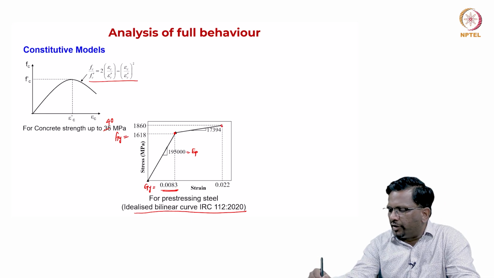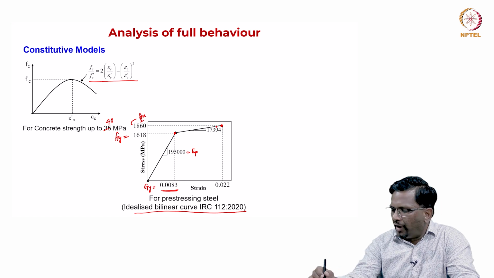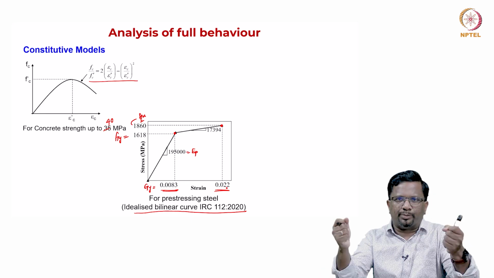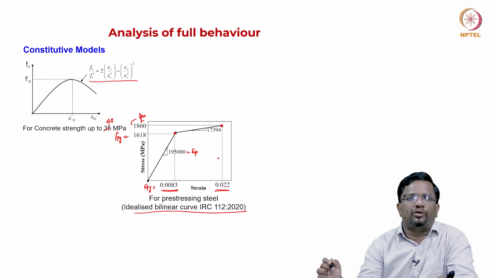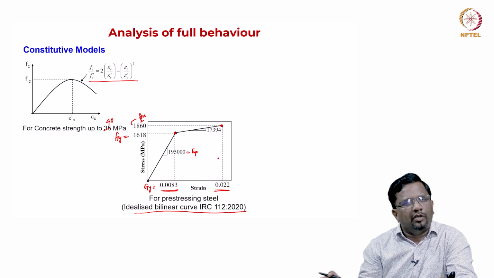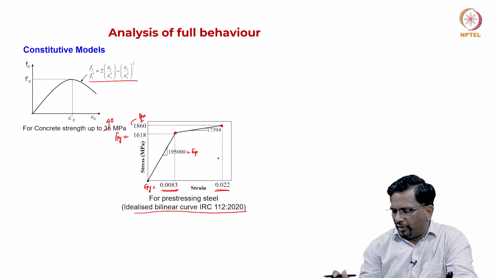This is your ultimate strength, fpu, which is equal to 1860 megapascal, and at this strain, 0.002, the strand will rupture when I do the tension test. After that, the stress is going to go back to 0. This is the constitutive equation we are going to assume for pre-stressing steel in subsequent slides.